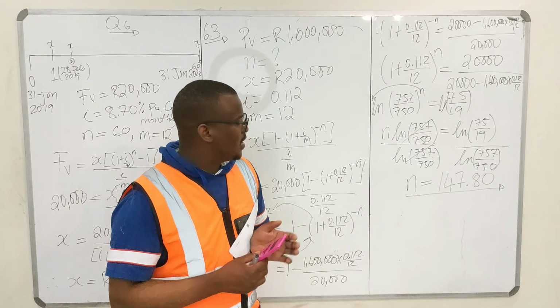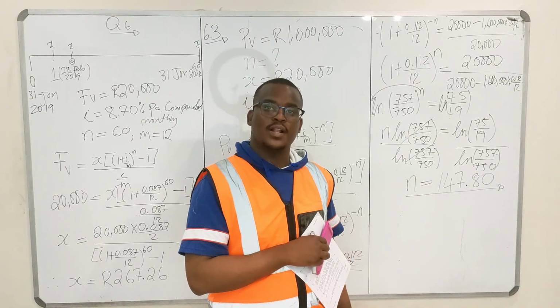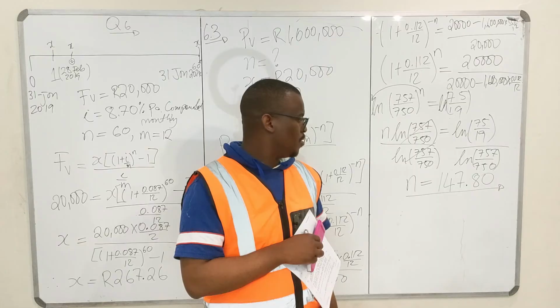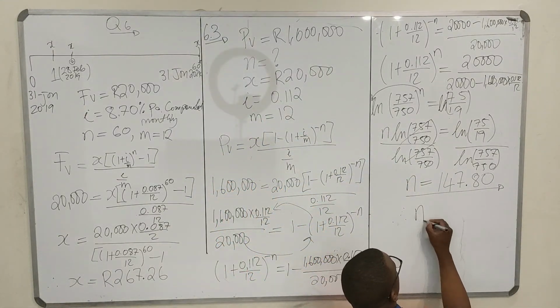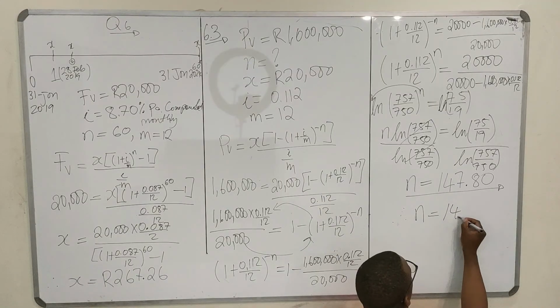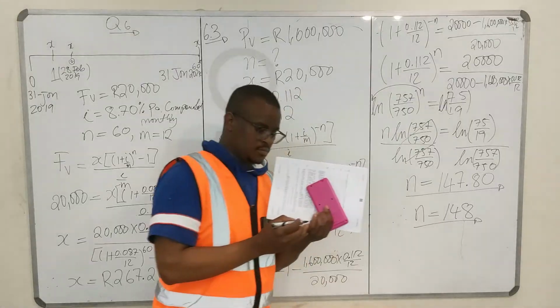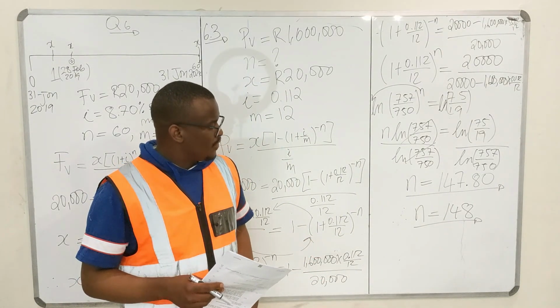Our friend will make a total of 147.8 withdrawals from that account. The number would be more like 148 withdrawals. So I think this is the final answer.